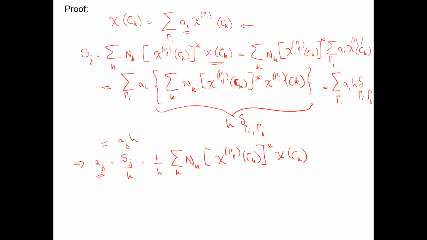So let me discuss a little bit about the importance of this result. It may not be so apparent now, but what we are going to see in the next few lectures is that this is a very interesting and important result that will appear in many situations in group theory, specifically when you have a higher symmetry.